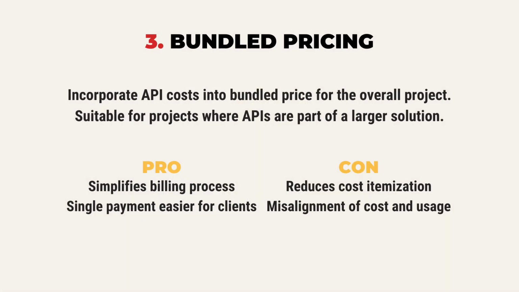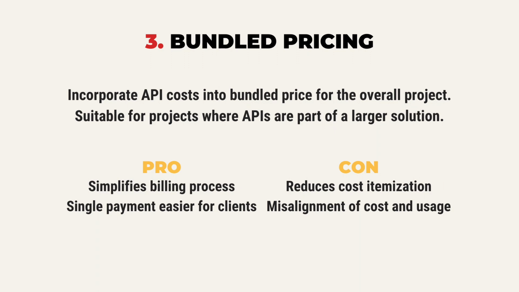Now, the third way you can handle API usage costs is to go for bundled pricing. So you incorporate the API costs into a bundled price for the overall project, combining various services into one price. That is suitable for projects where APIs are part of a larger solution or where you're selling a package of services.